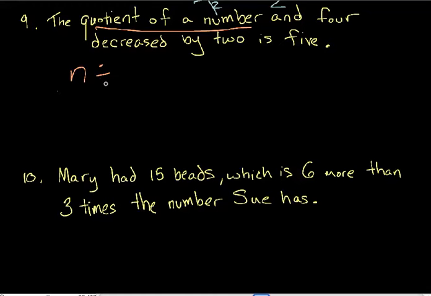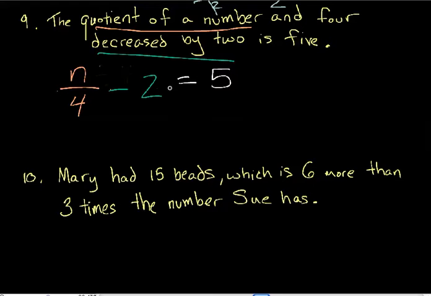I could say n divided by 4, but I'd rather use a fraction. So I'll say n over 4 here. The quotient of a number n and 4 decreased by 2, which is taking away 2 from this whole thing, is equal to 5. Okay?